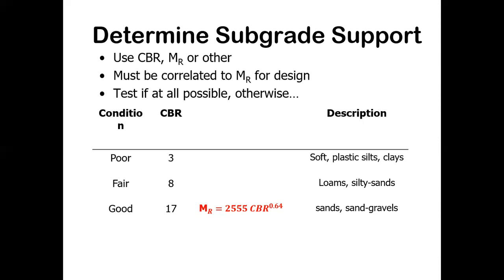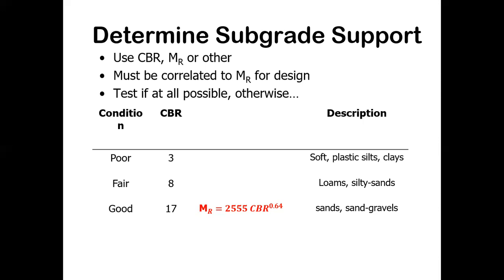Just an idea: if your soil is soft plastic, CBR will be around 3. If you have a silty sand, CBR will be around 8. And if you have a sand gravel, then your CBR will be around 17.